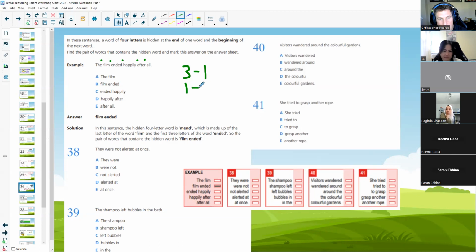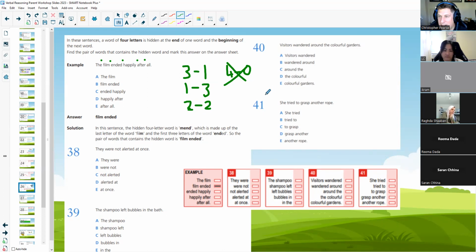We've got 1 and 3. We've got 2 and 2. Now, I sometimes think about those as in scores in a game of football or hockey. So we've got 3, 1, 1, 3, 2, 2. We can't have 4-0 because that would be a word on its own.